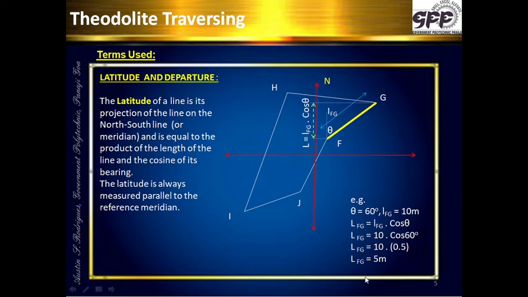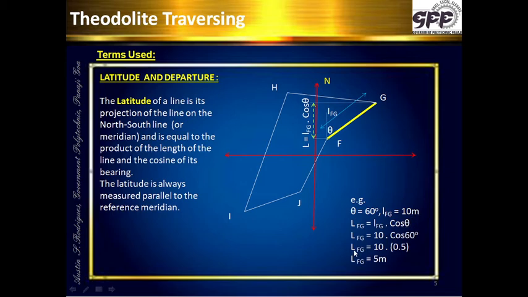Now let us take the example. Say this theta over here is 60 degrees, and say this length over here is 10 meters. In that case, the latitude of FG, or the projection of FG on this line, would be given by LFG cos theta. LFG is 10 meters and theta is 60 degrees.